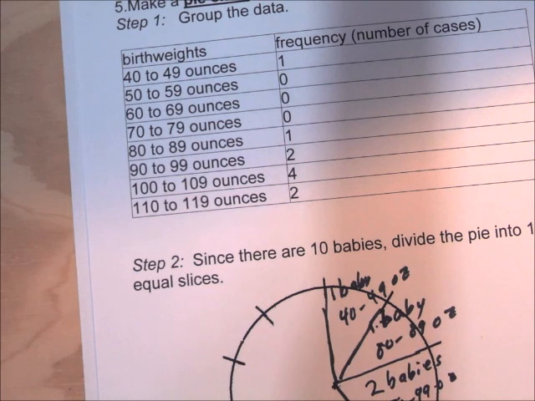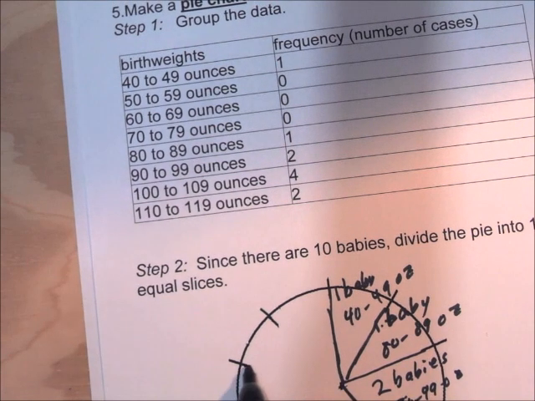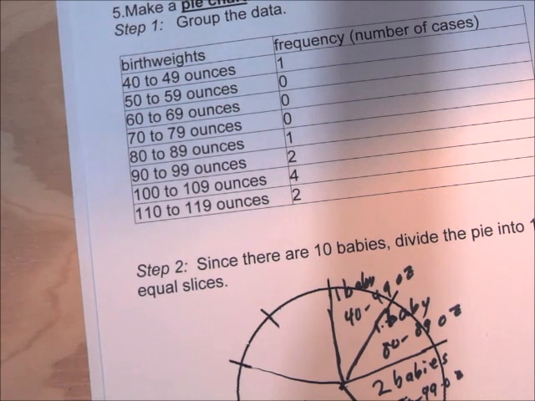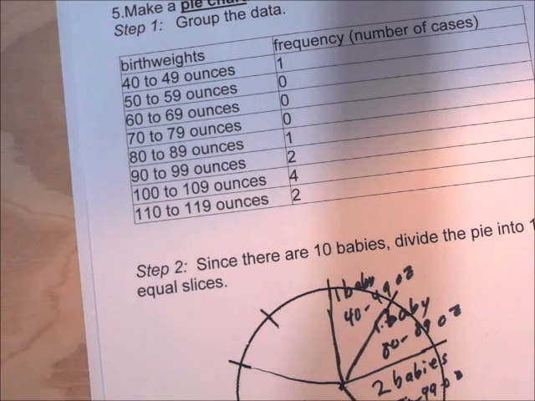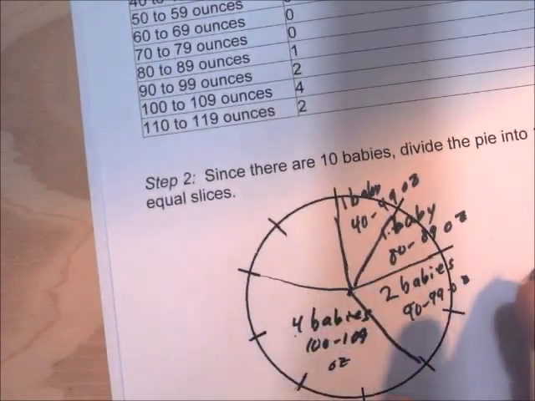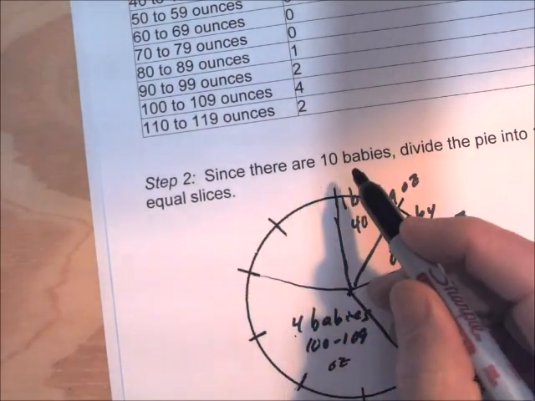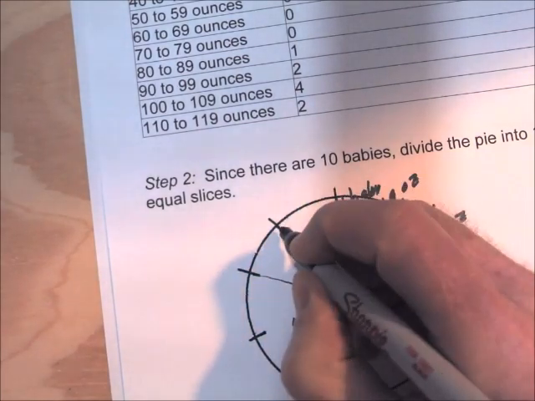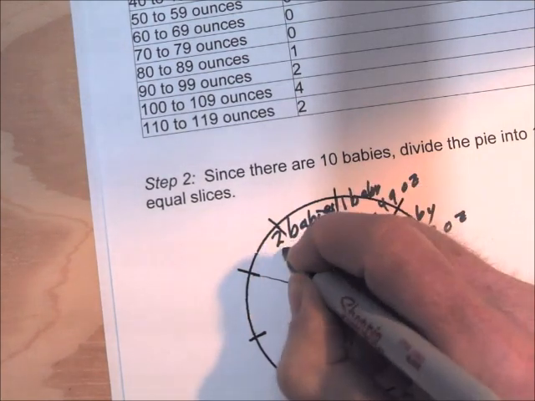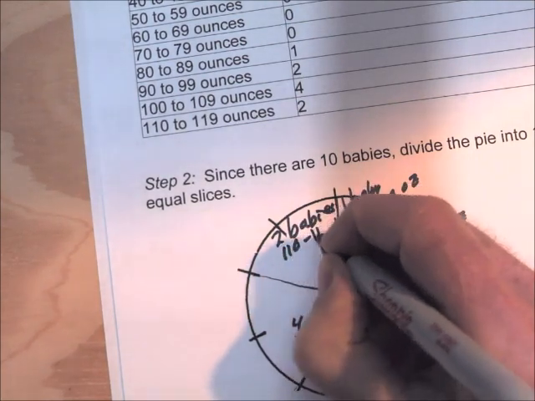There's 4 places, 1, 2, 3, 4. And we have 2 babies between 110 and 119 ounces. So we have 2 slices there. 2 babies, 110 to 119 ounces.